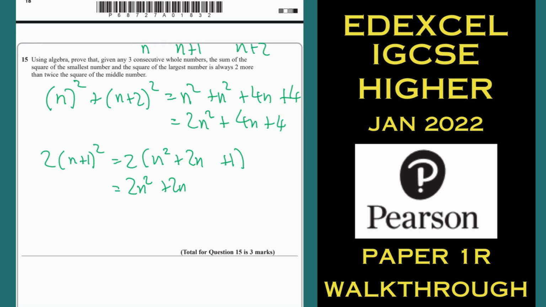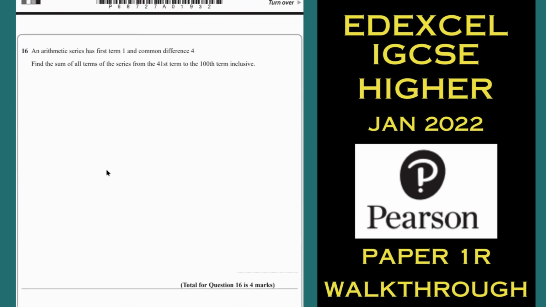Looking ahead, double 2n, you get 4n. And oh look, if we subtract 2 from there, hey presto, that's it. It's only 3 marks, and all that algebra is getting you plenty. So say something right at the end, as in equal, difference of 2, or words to that effect. But don't over waffle. You've done the hard work.